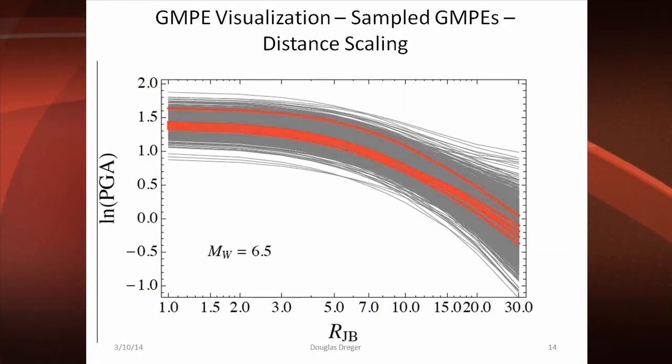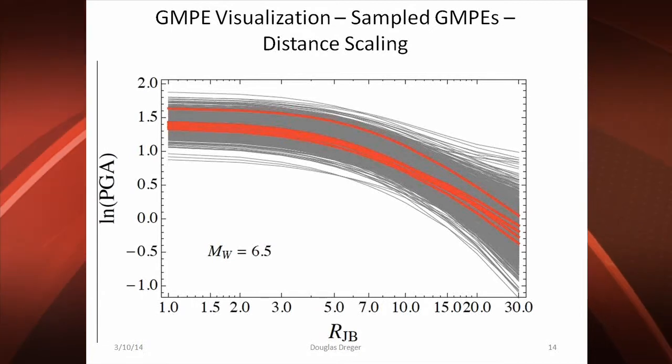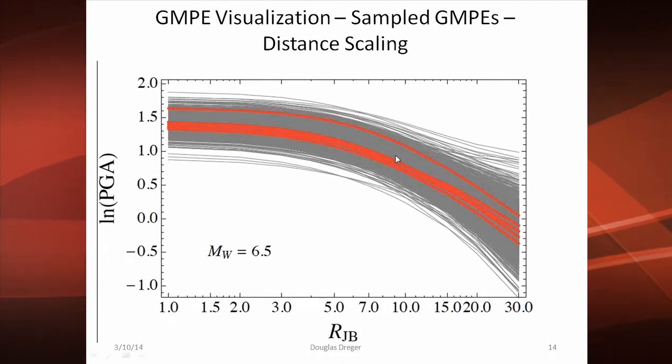So this is ranges and medians. It's not intended to be the aleatory variability part. So you could have a median as high as near the top of that or as low as near the bottom. What Doug was saying is some of these probably are actually too far out and we need to reject, like the ones where they're bending back up again, right? That's part of the consequence of generating them only to 30 kilometers.